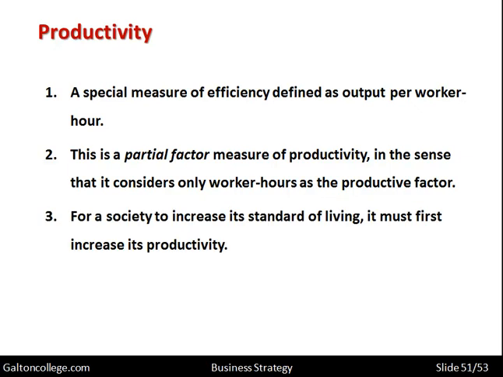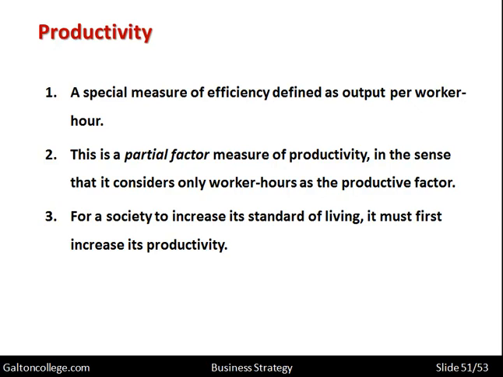For a society to increase its standard of living, it must increase its productivity. Our standard of living means the amount of goods and services we can purchase. That's very crudely what we mean by our standard of living. There are lots of issues in economics related to the quality of life and what we mean by it.